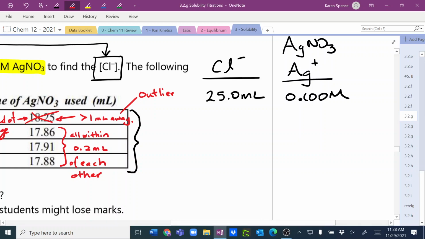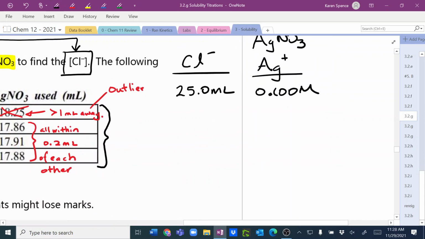We're going to take our 3 data points. Do you need to show this work? Yes, you do. Oh, I should do this underneath silver. 17.86 plus 17.91 plus 17.88, and then because I've got 3 of them, I divide by 3.